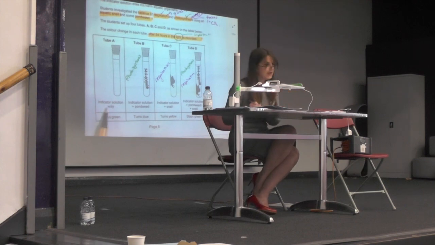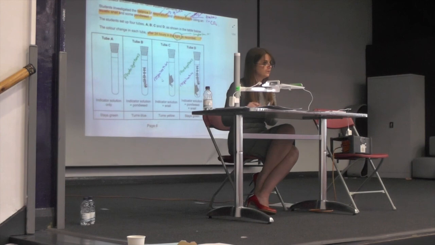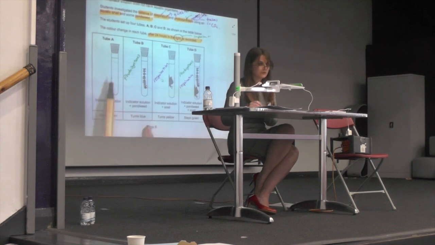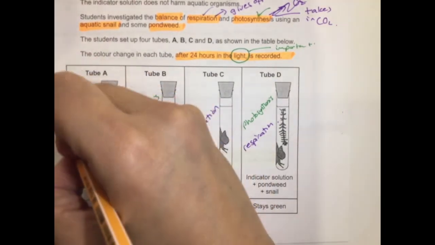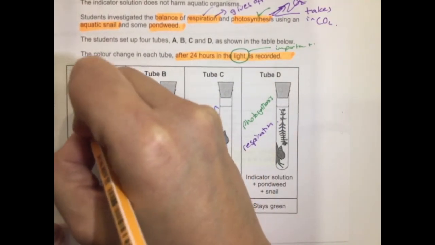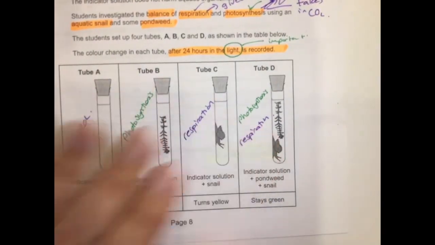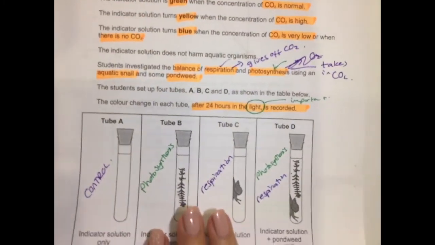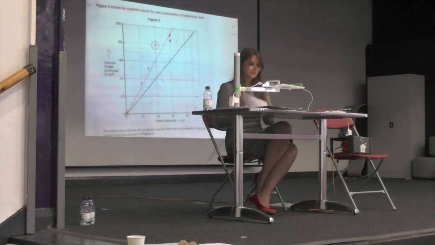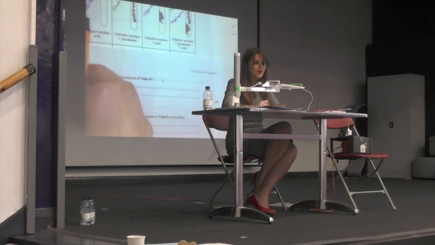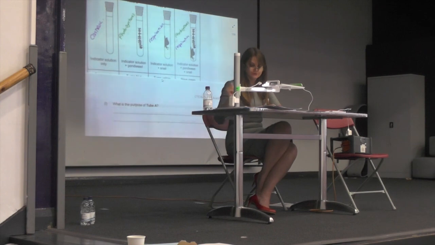It's got the indicator solution. What we call this is a control. So we've got those there. Bear that in mind. The purpose of tube A is to act as a control.